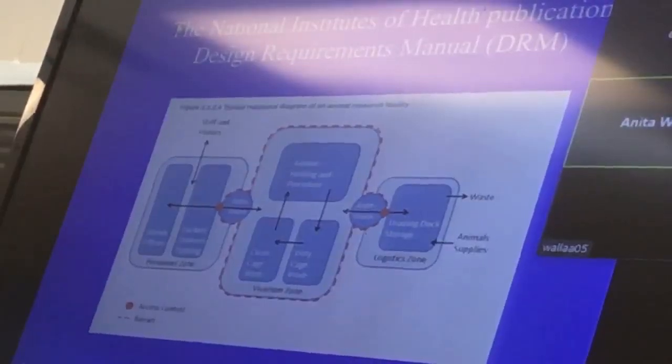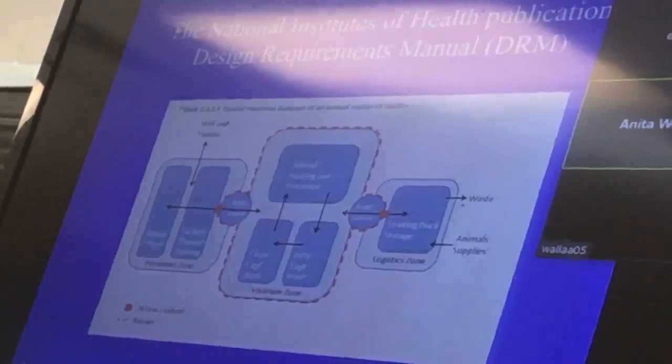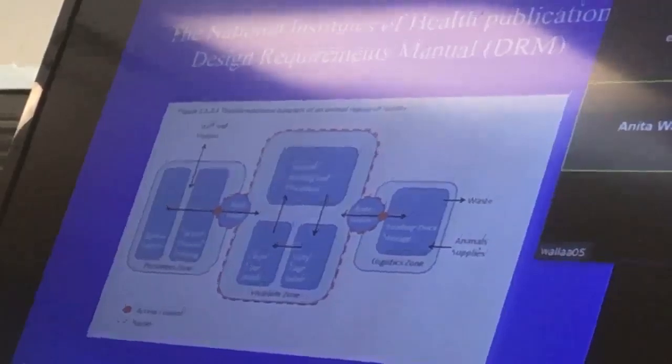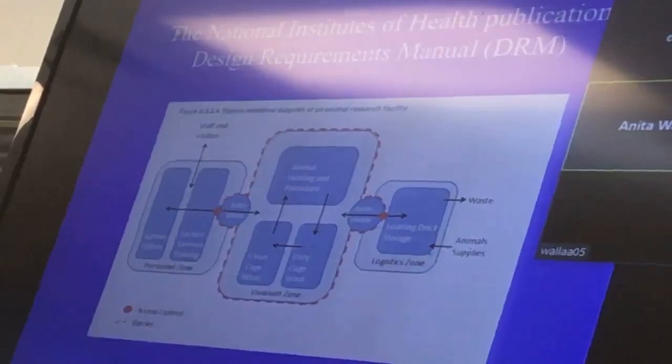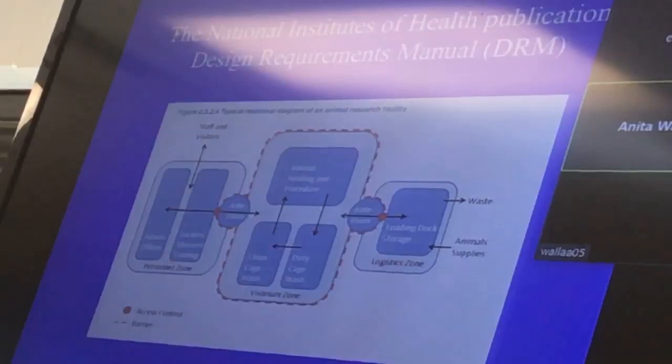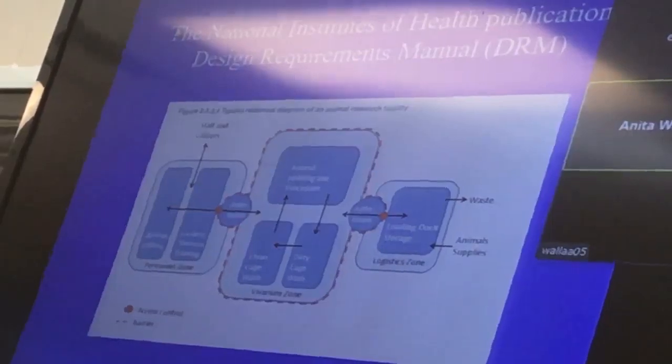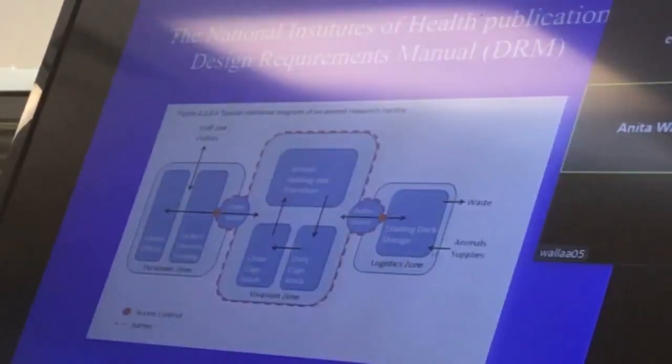And then, of course, your loading dock, as supplies and animals from your vendors are coming into the facility. You need to figure out how your loading dock is going to be arranged so that you can get animals into the facility. If the loading dock is in the basement and your animal facility is on the 26th floor, as mine is, you have to figure out how your elevators are going to be situated so you can get supplies and animals from the basement up to the 26th floor.